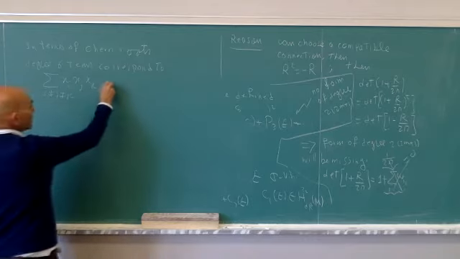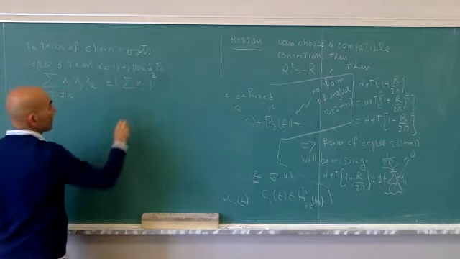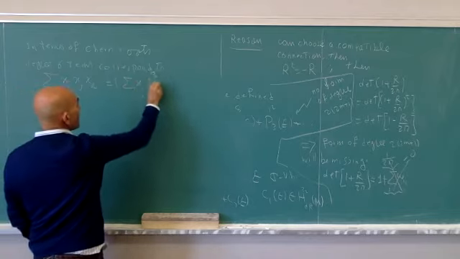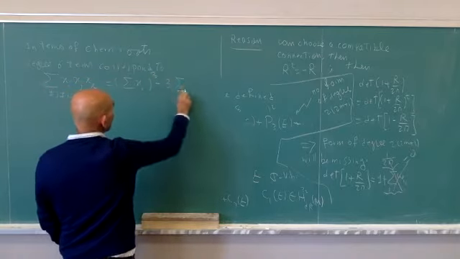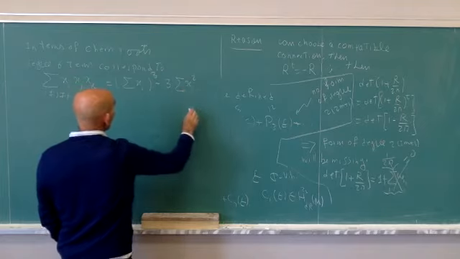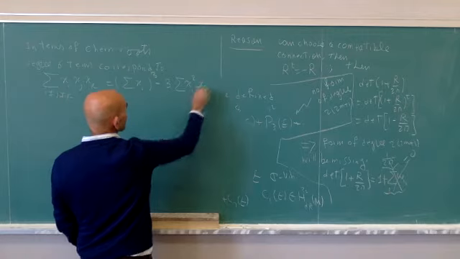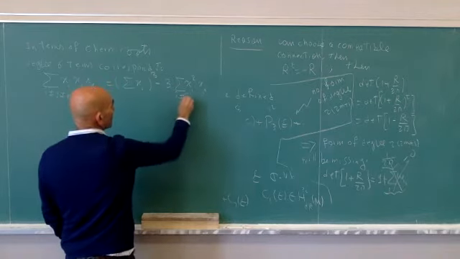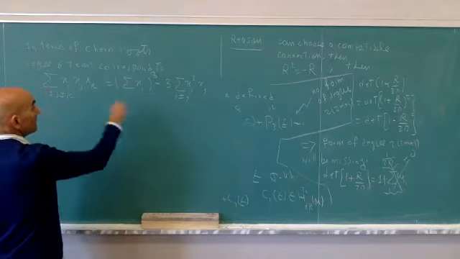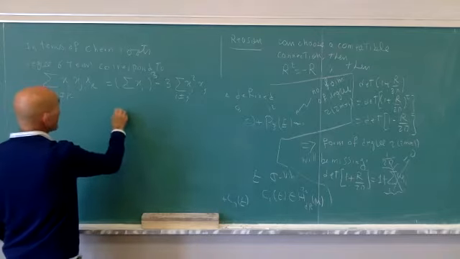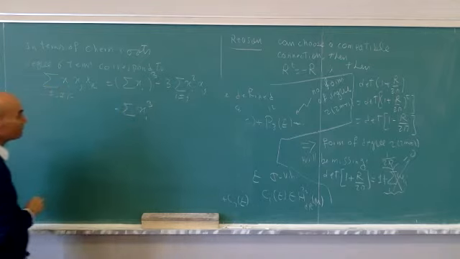But this you can write as the sum of x_i to the power 3, minus 3 times the sum of x_i squared x_j, i different from j, and then minus the sum of x_i cubed.